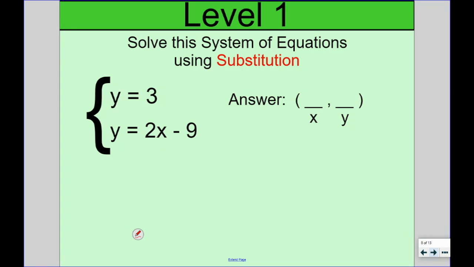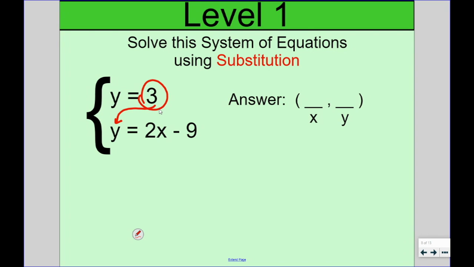So looking at substitution, let's start off by looking at these 2 equations. We have y equals 3. We know that y and 3 are equal, so in the next equation, we're going to take what y is equal to and replace it for the y.